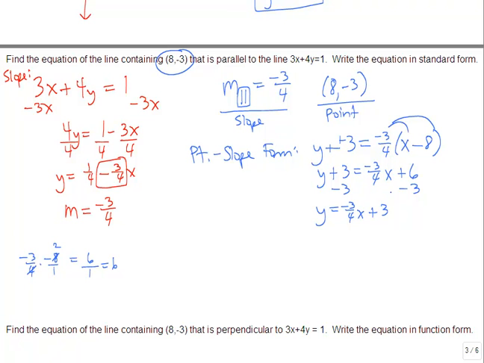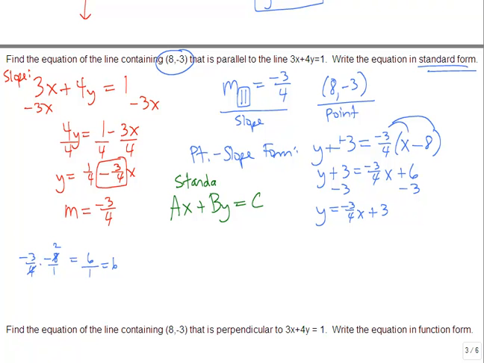Now we want to worry about what form we're supposed to put this in. So we want to put this in standard form, and that, if you remember, is kind of our special form, our form that's pretty. So standard form is our pretty form, which looks like ax plus by equals c.